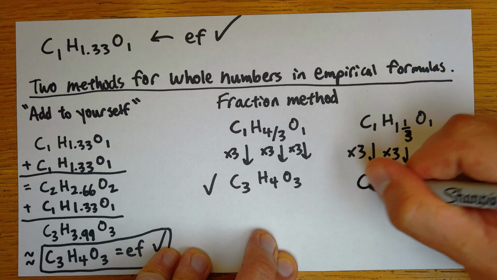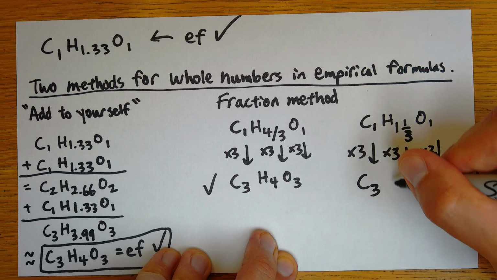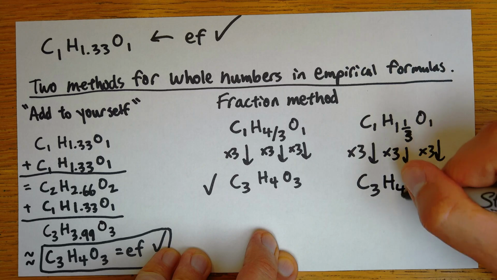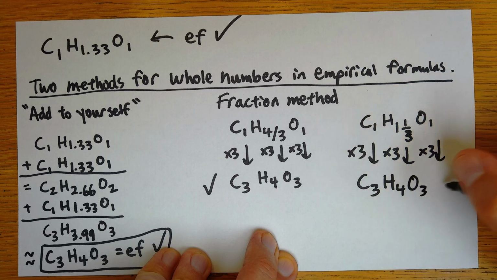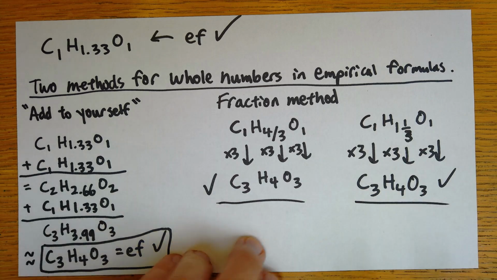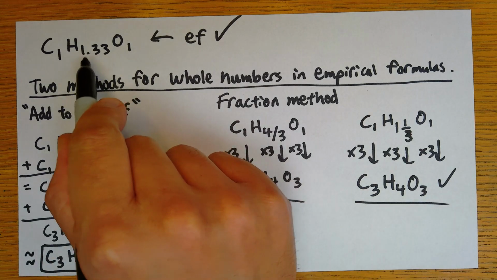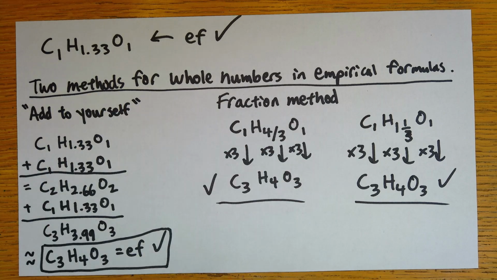So that'd be a 3 plus 3/3. So that's a 4 again. And we got the same thing every time. So yeah, this is how you deal with decimals or fractions in your empirical formulas.